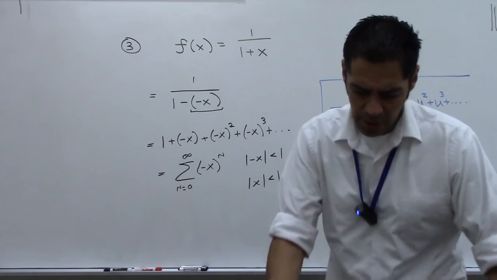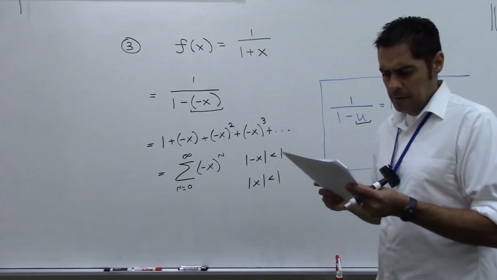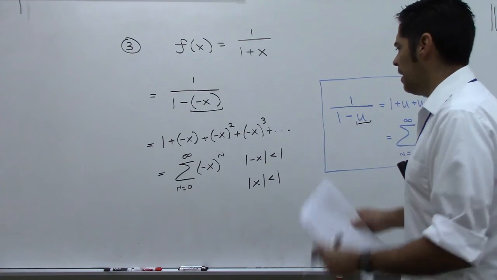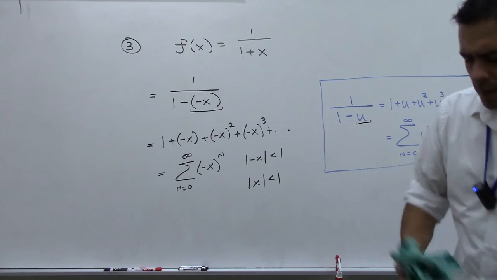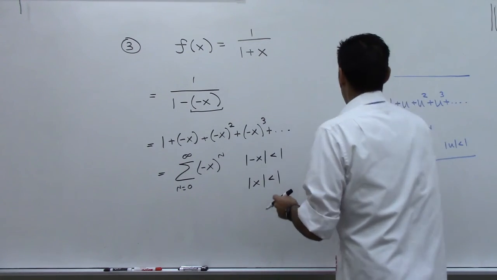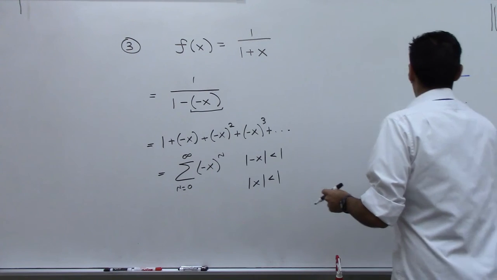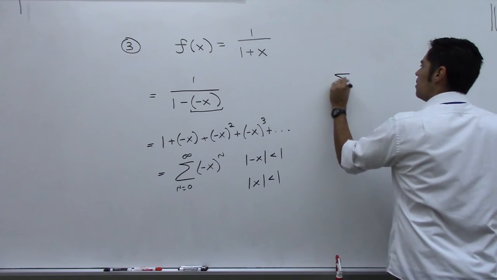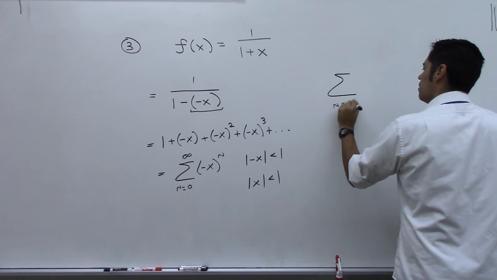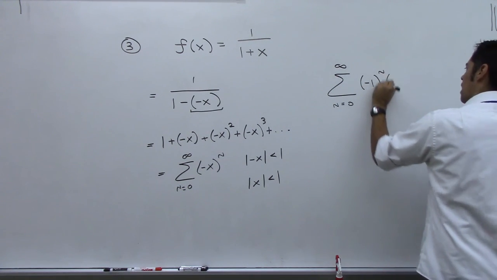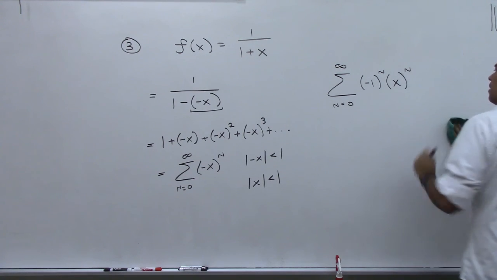Let me just double check that that's the way they want you to write it. Yeah, they do say the way that they want it, although that's correct, is to rewrite that power series as follows here. Sum n equals 0 to infinity of negative 1 to the n times x to the n.